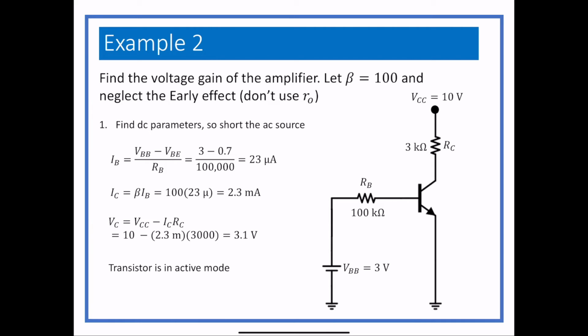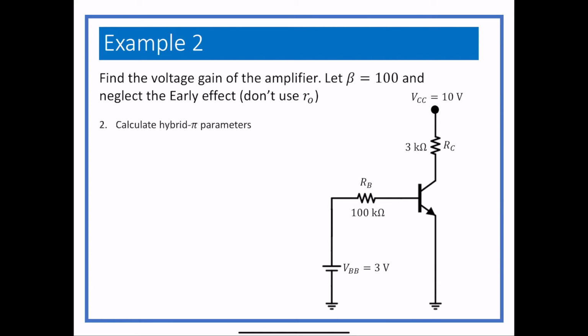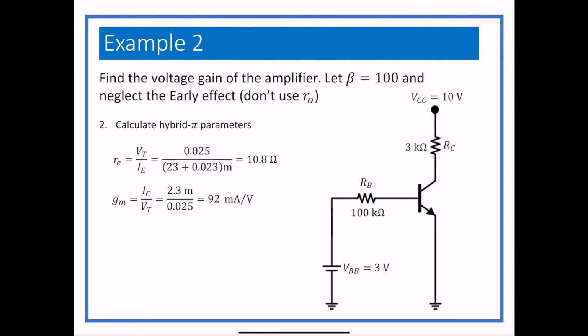To get little re, we need to have IE, but we already have IB and IC, so we can just add them together. So we get the hybrid pi parameters. We can get little re as VT over IE, and I just added together IB and IC to get that value. And then gm we can find as IC over VT. And I will say that frequently the value of gm is considered to be approximately 1 over little re, and little re is considered to be approximately 1 over gm.